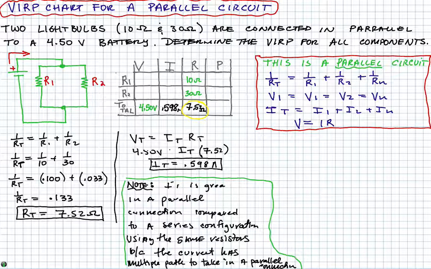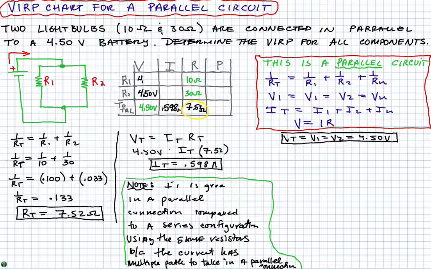Okay, so moving along, I can state that the voltage is all the same. VT is equal to V1 is equal to V2 is equal to 4.50 volts. That's what we see in a parallel circuit. So this is 4.50 volts, and V1 is also 4.50 volts. Okay, all the voltages are the same.